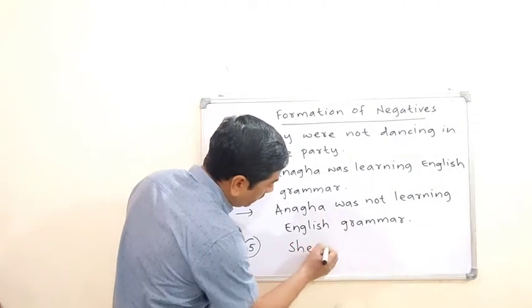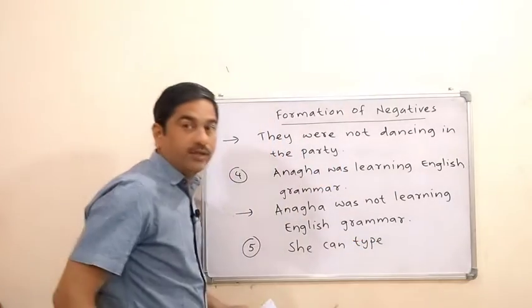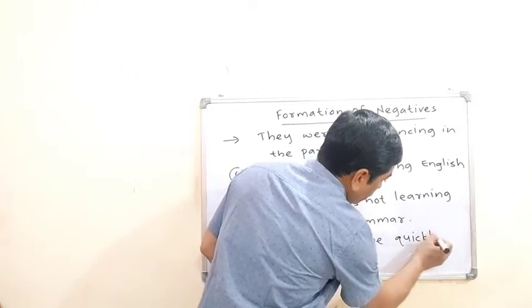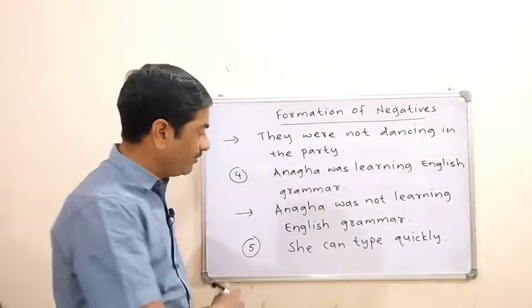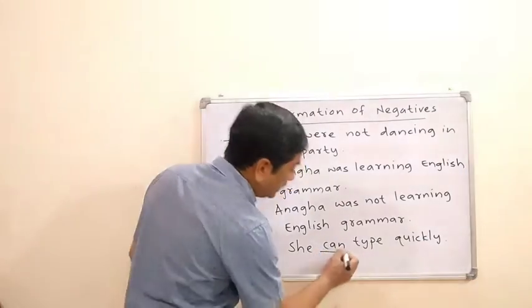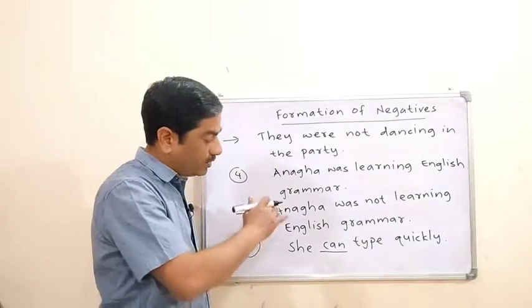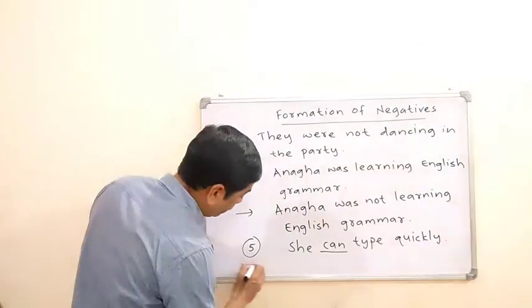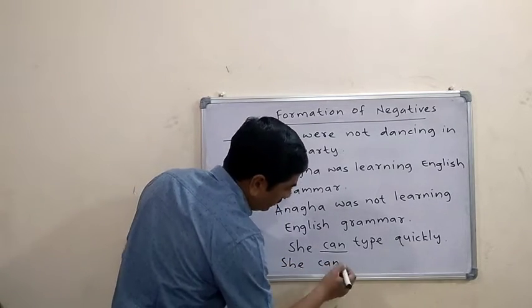She can type quickly. So here is a sentence. In this affirmative sentence, can is used. Can is an auxiliary verb in this sentence. So you will just add not after can. She can't type quickly. She can't or cannot.